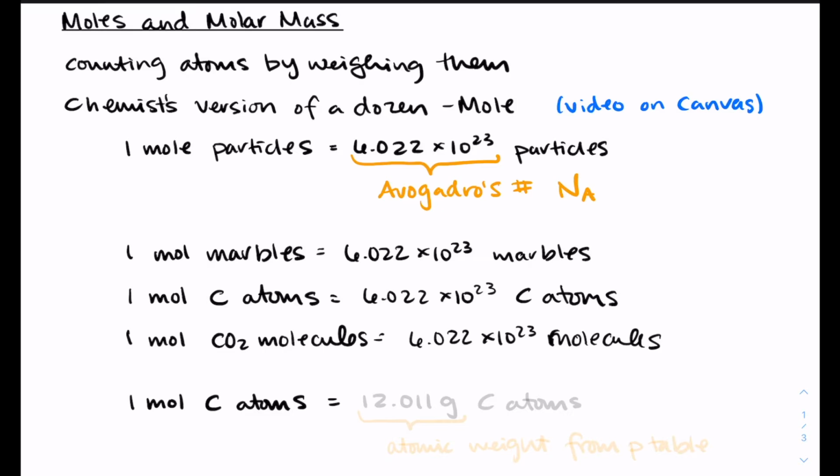Now, the way that we take this measurement of number of particles or number of atoms and get it to equal a mass is that it turns out that 1 mole of carbon atoms is equal to 12.011 grams of carbon atoms, which just so happens to be the atomic weight from the periodic table.